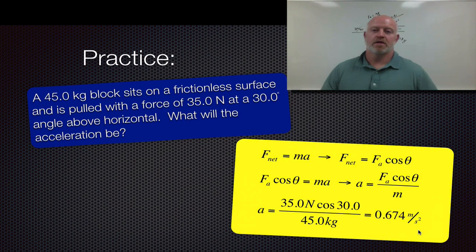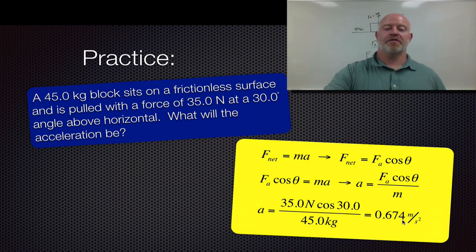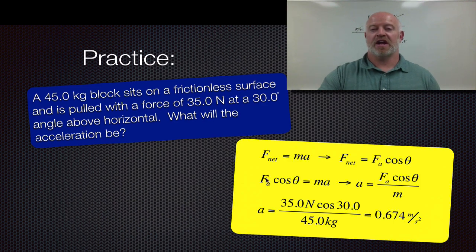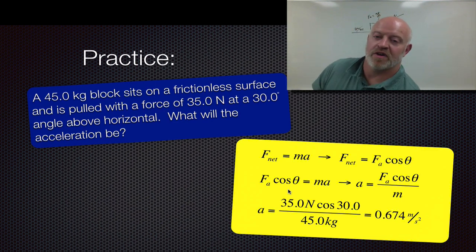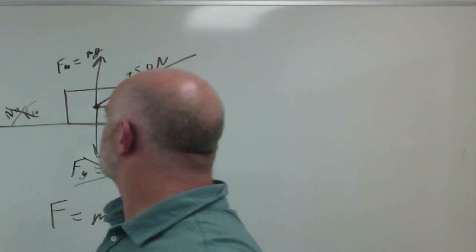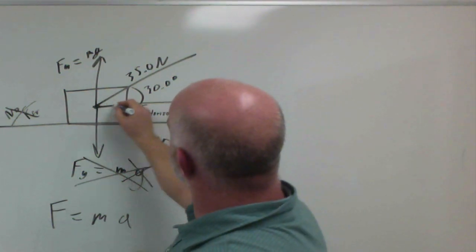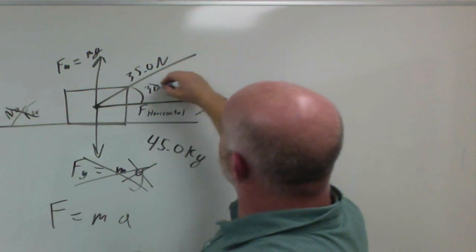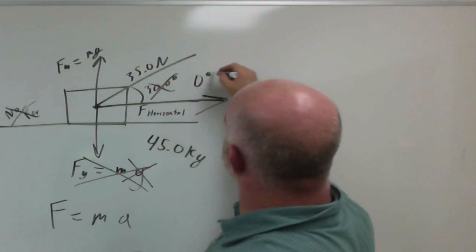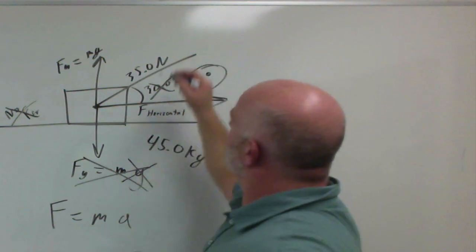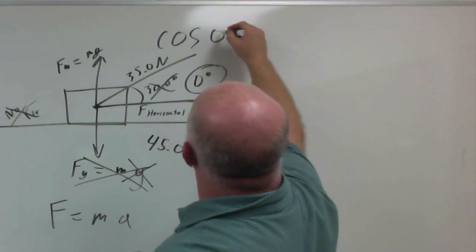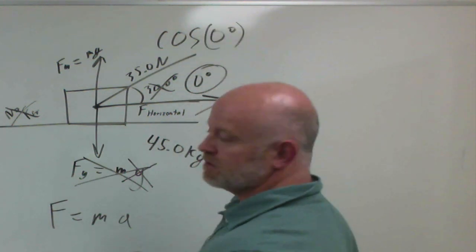Now, what if your applied force was horizontal? Could I just use this equation every time? Do I need to get rid of the cosine theta and determine when I use it and when I don't? Well, let's find out. If our applied force was in this direction, we would have no angle, so our theta would be 0 degrees. What's the cosine of 0 degrees?